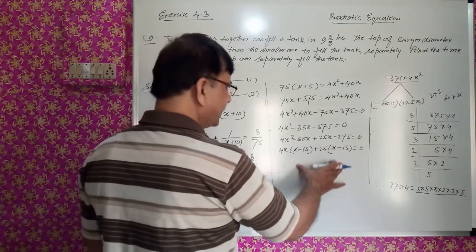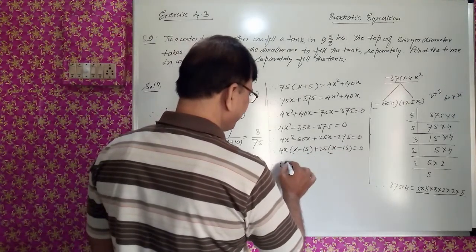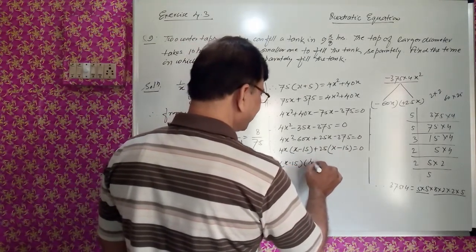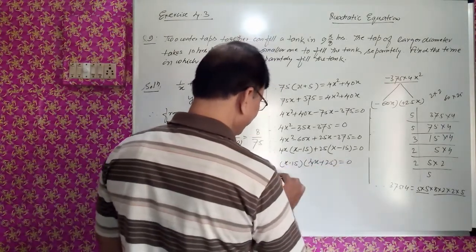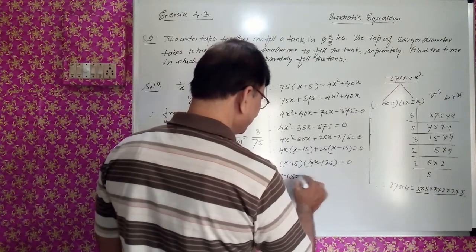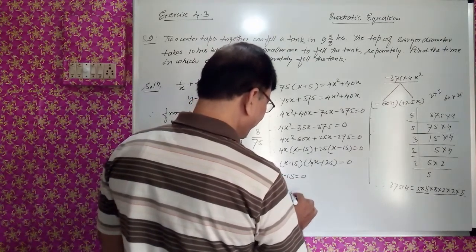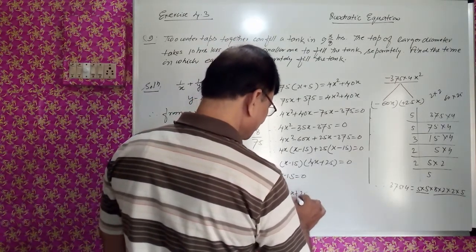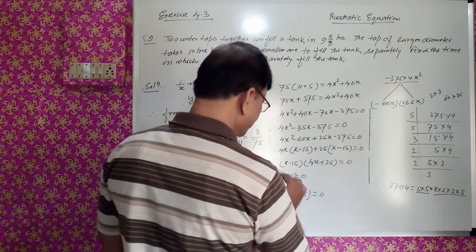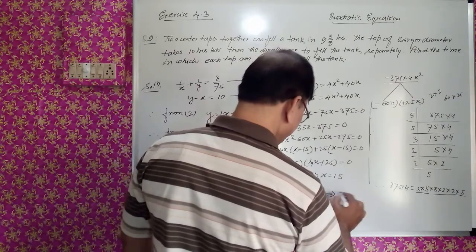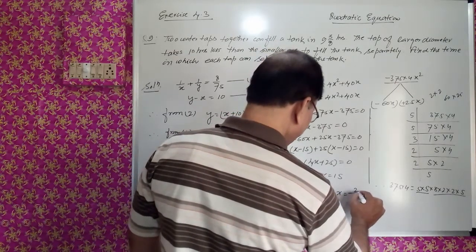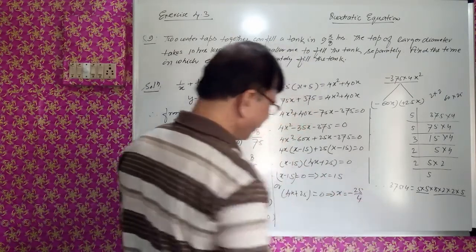Out of these two, x minus 15 is common, so you get x minus 15 times 4x plus 25, that is equal to 0. Therefore, x minus 15 is equal to 0, or 4x plus 25 is equal to 0. So this implies x is equal to 15 and this implies x is equal to minus 25 by 4.